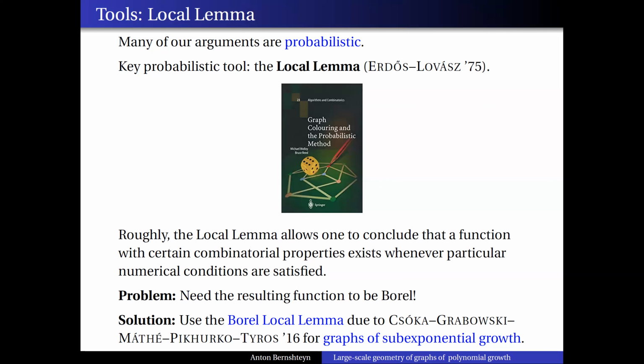We don't have any structural information about them. The only thing we know is this bound on the growth rate. That's the only thing we have to work with, so we're trying to make the proofs as agnostic about the specific structure of the graph as possible.